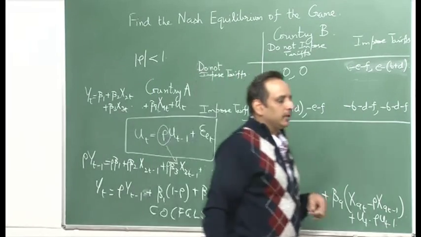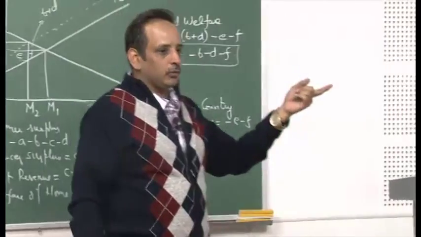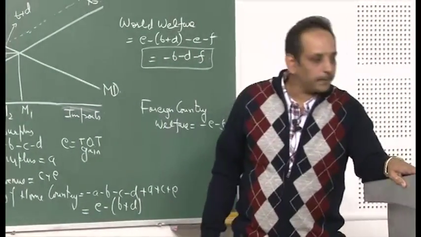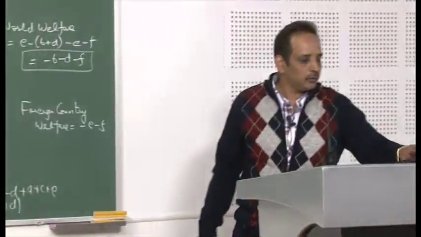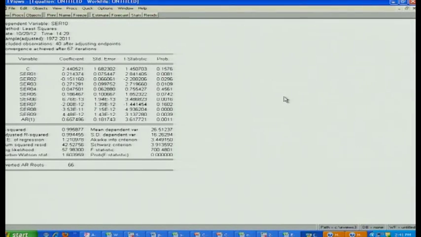The last point on this is that I will now take it to Stata to show you how this Cochrane-Orcutt procedure works and whether we get the same set of results that we are getting here from our nonlinear estimation.